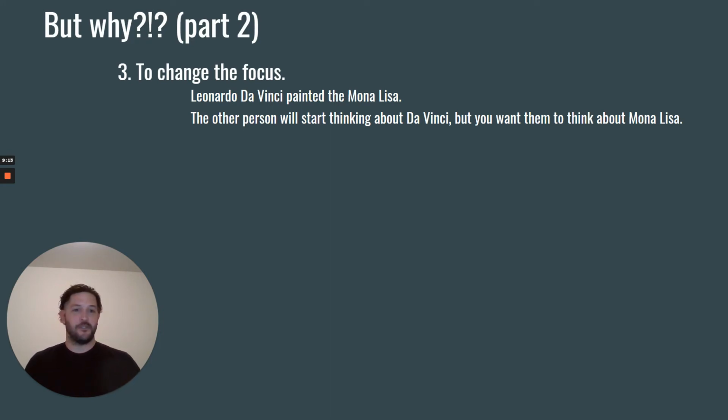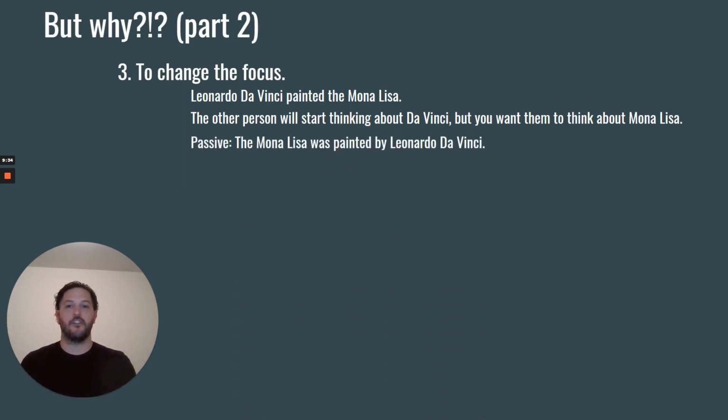You say Da Vinci, and suddenly it's like, oh, Da Vinci Code, what a good movie. Tom Hanks, oh, doesn't he have a new one on Netflix? You don't want that. You want the person to think about Mona Lisa. So we will take Mona Lisa from the object, move her to the front. So here it is: The Mona Lisa was painted by Leonardo da Vinci.